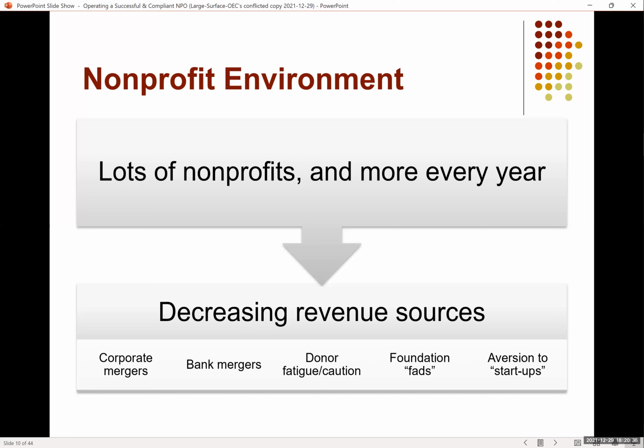So if you thought you were going to get a grant from them, they shifted their focus. Sometimes they shift their focus and they say, this is our theme, and you've been living off of that money for years. So these kinds of things can impact you. And another thing is a lot of them will not fund newer organizations. So that's something you have to think about.